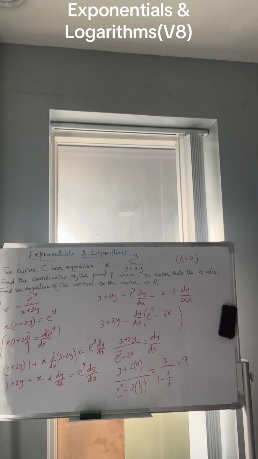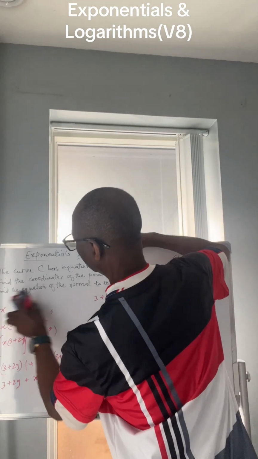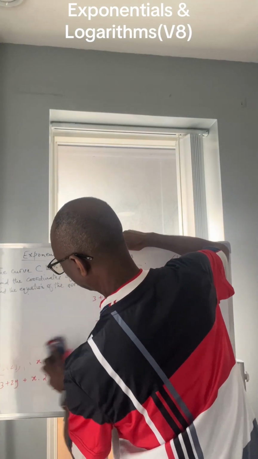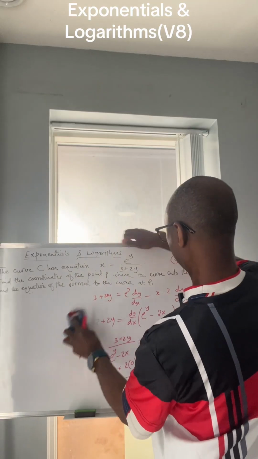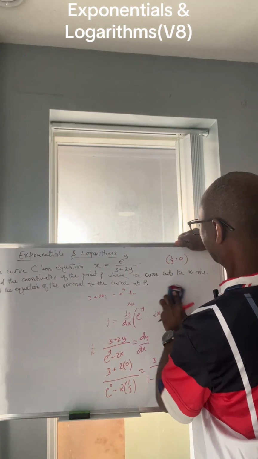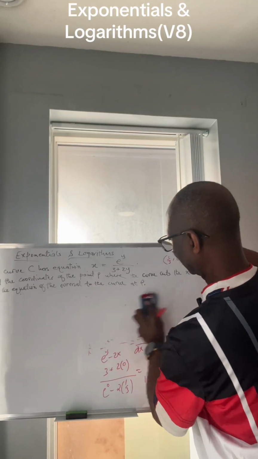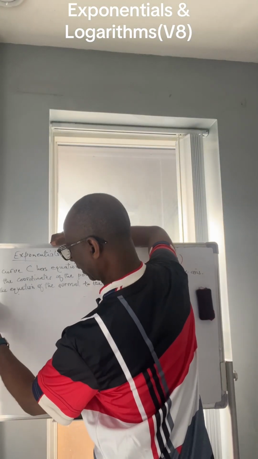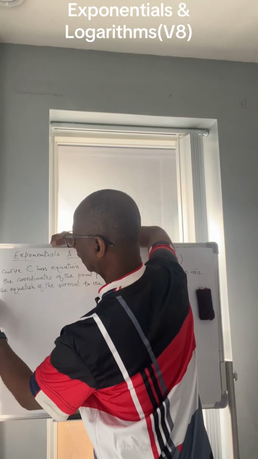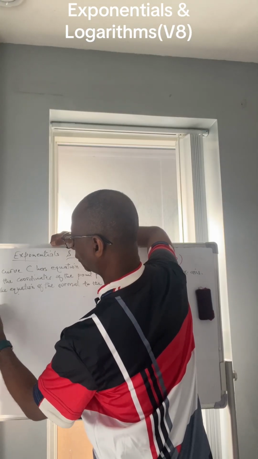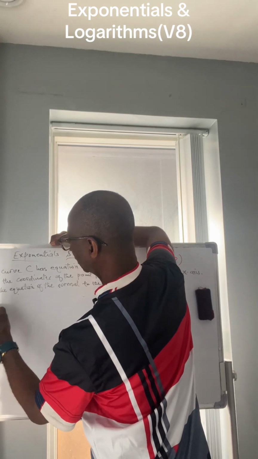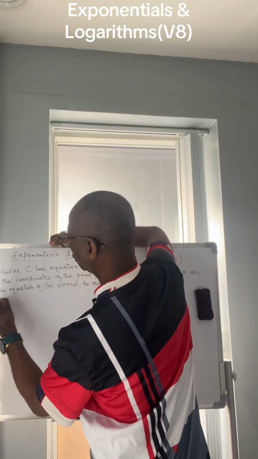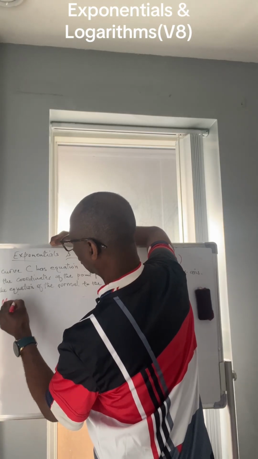Now we got it to be 9. And that is for the tangent. What about the normal? Well, we know there is a relationship between the gradient of the normal and the gradient of the tangent to a curve. Their relationship is the gradient of the normal, mn, times the gradient of the tangent, mt, to a curve.